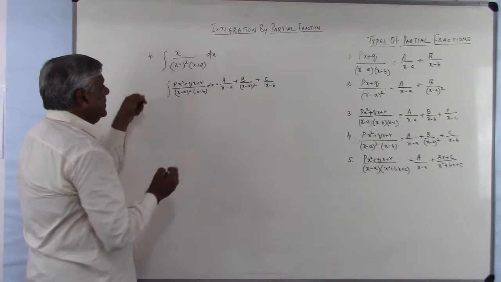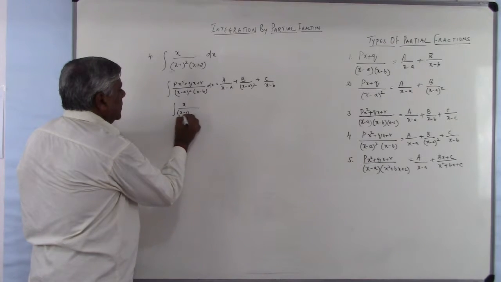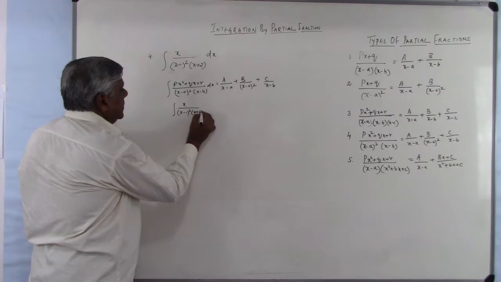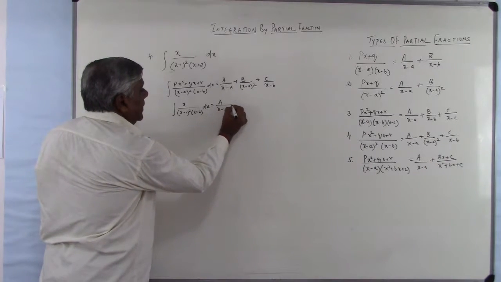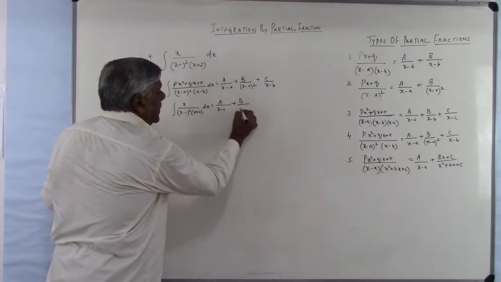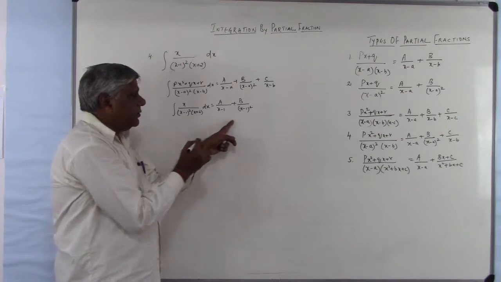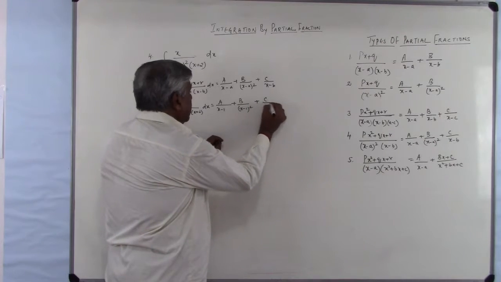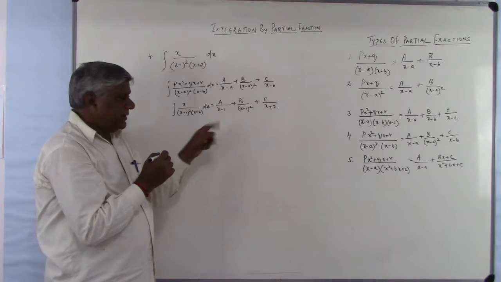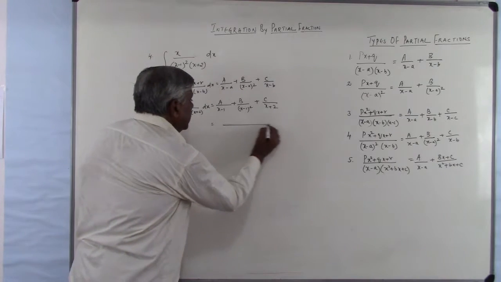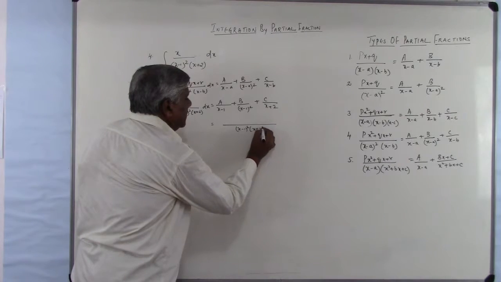Now therefore, I am going to write like this: x over x minus 1 whole square into x plus 2 into dx is equal to a over x minus 1 plus b over x minus 1 whole square plus c divided by x plus 2. Are you following here? This is how we split. Now this is equal to, what is the LCM? It is x minus 1 whole square into x plus 2.